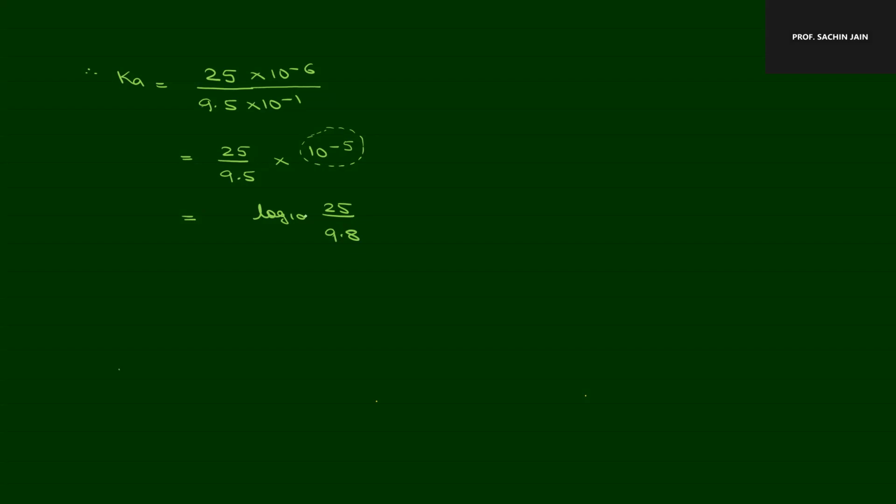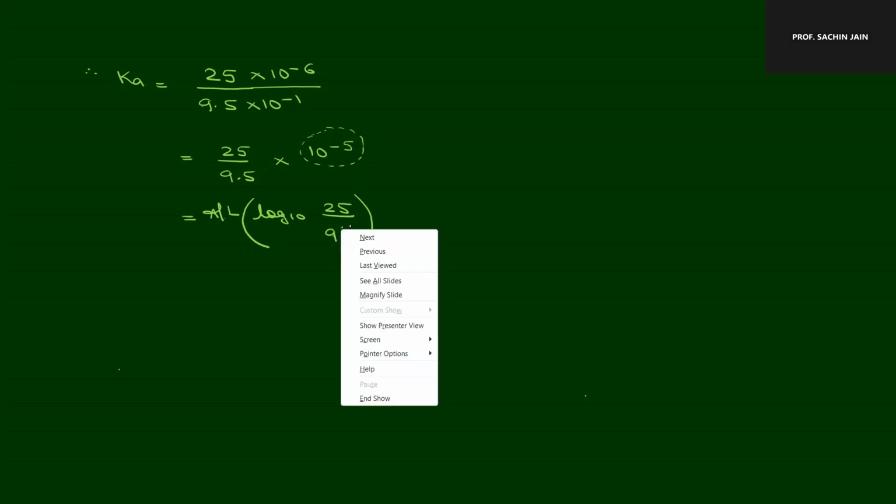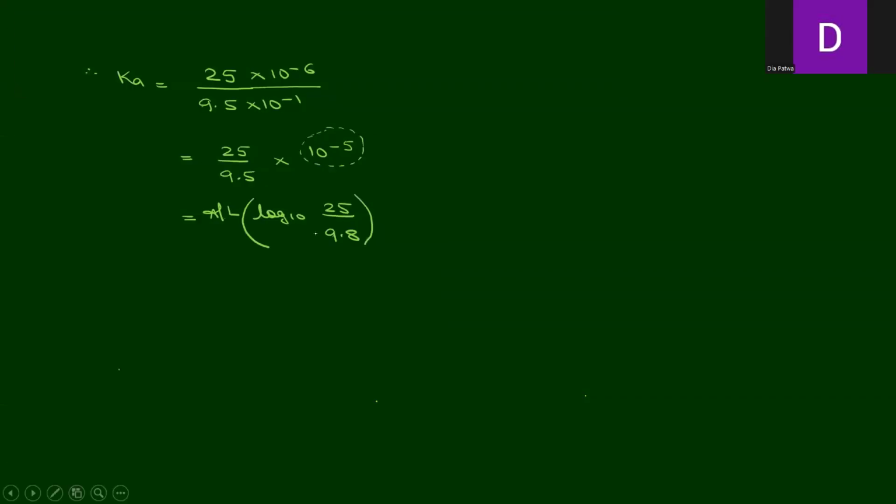To get the real value back I also need to take the anti-log. So whenever you solve any numerical calculation, take the anti-log of the log so that they cancel and you get the original value. Am I clear? Sir, how did 9.8 come below? Sorry, 9.5, okay. Clear till here? And 10 power minus 5 stays outside as it is.